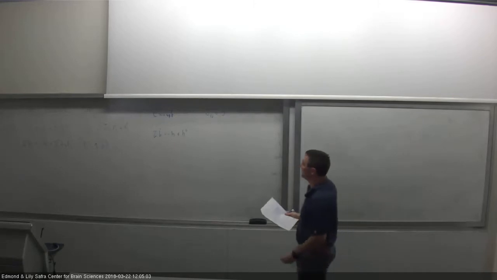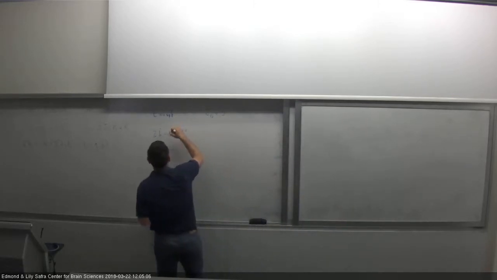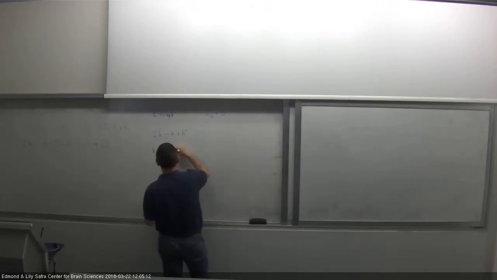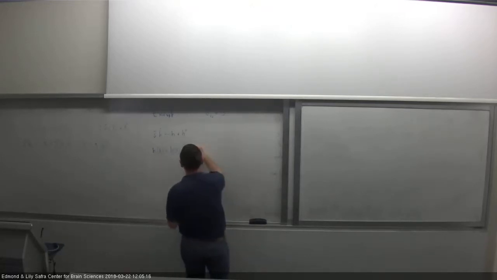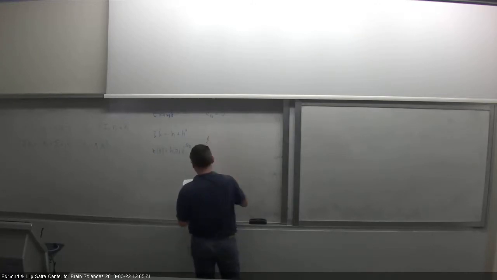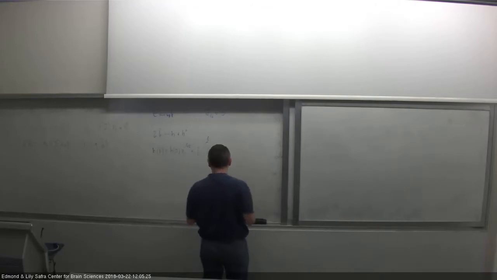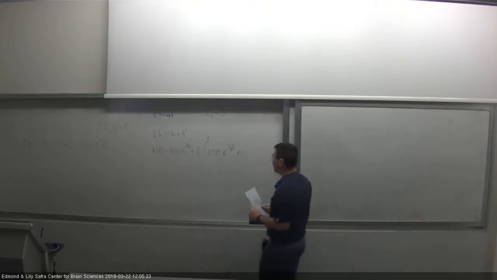This is a simple differential equation. It has a closed form solution, which is h of t is equal to h0 e to the minus t over tau plus 1 over tau integral to time t, external input e to the minus t prime over tau dt prime.